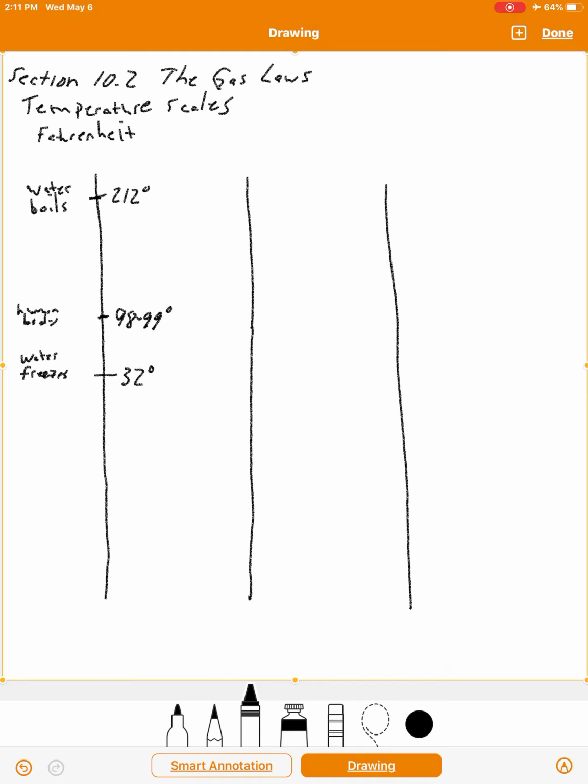And then what's the lowest possible temperature? It's around negative 459.67. This is the lowest possible temperature.